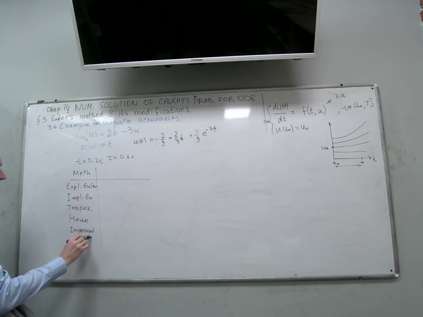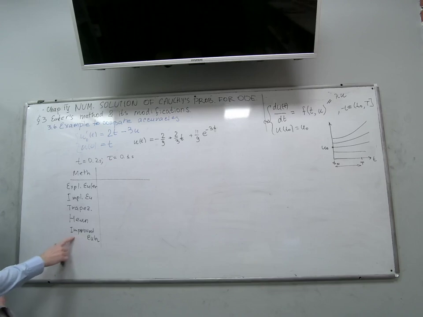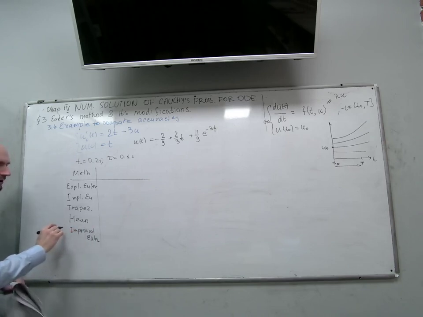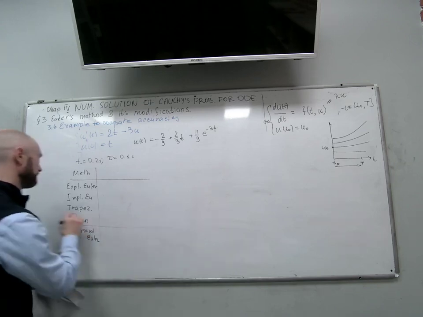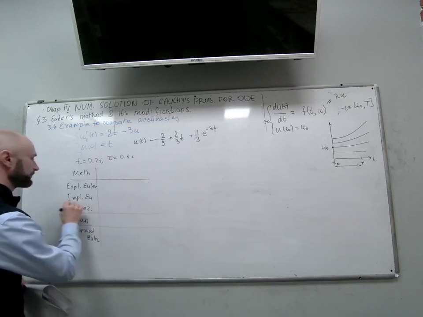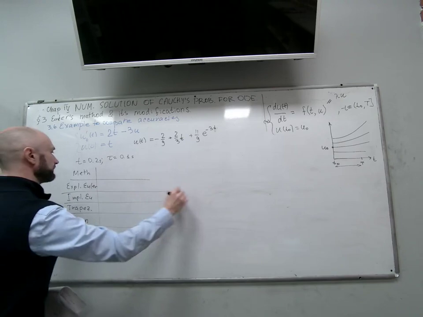I don't like this name, because it's not a well-established name. Sometimes it's called Nustroem method, sometimes maybe even Mills method. So in various books, they use different names for the same thing.